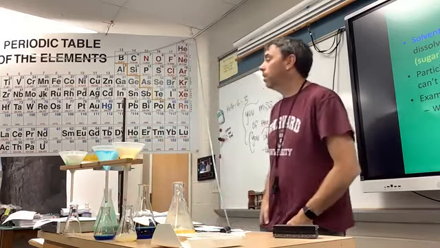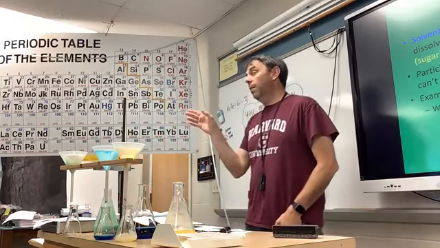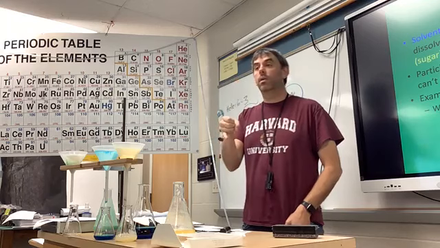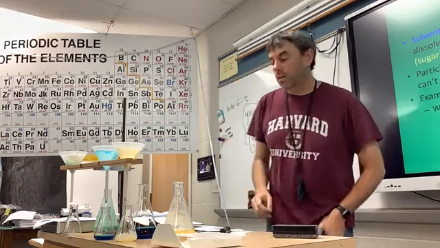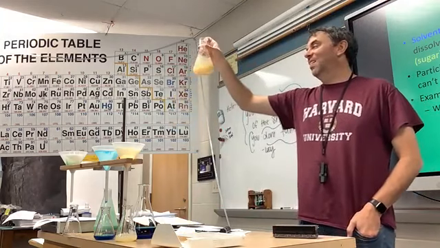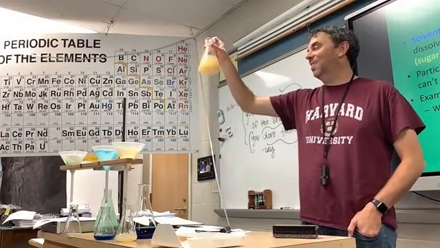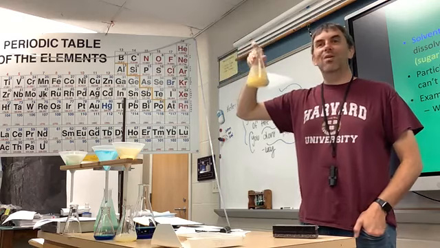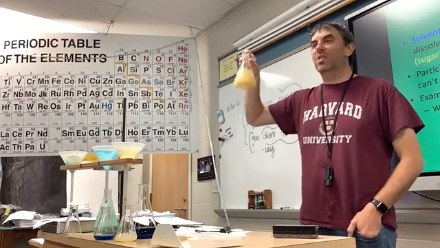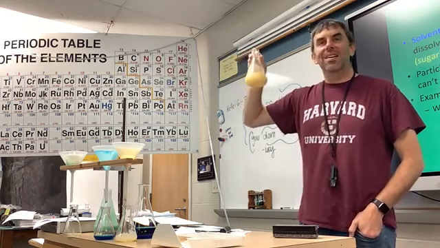What's the yellow one made out of? So the yellow one is a what? If it's not a suspension or a solution, that must be my colloid. This is a colloid. This is water, expired milk, and yellow food coloring. Why? Because the milk hasn't been refrigerated and it's been sitting here a couple days.